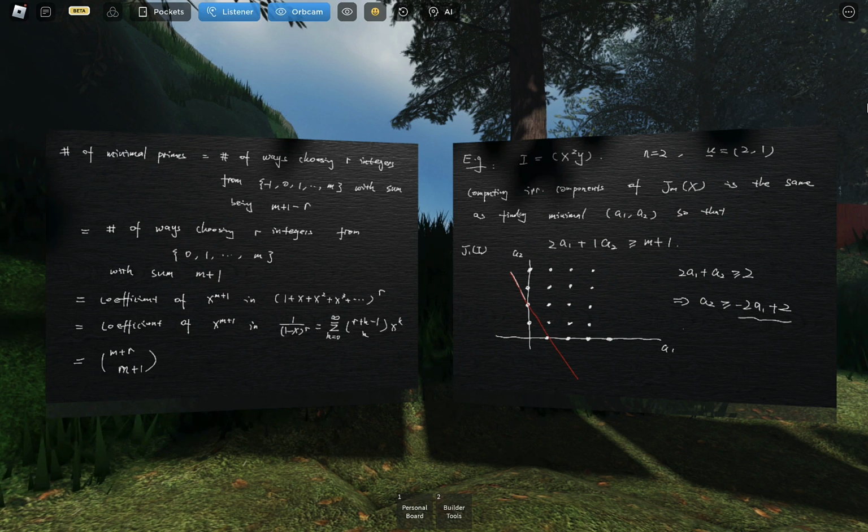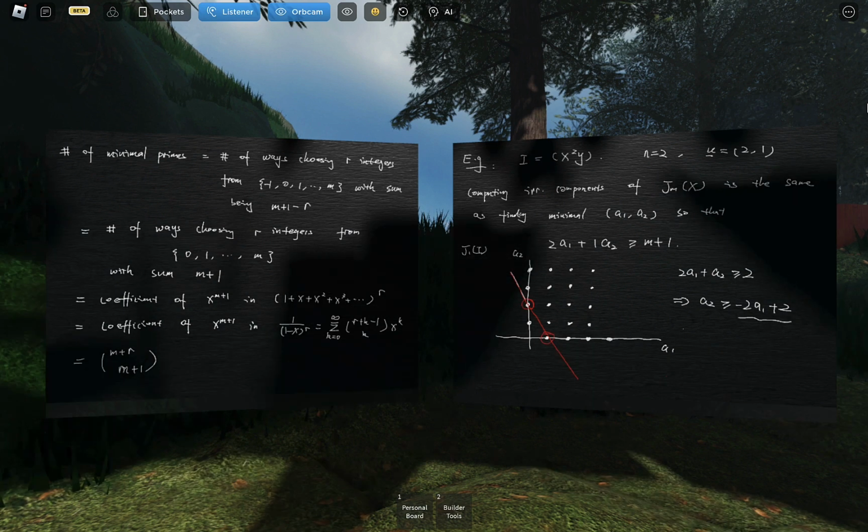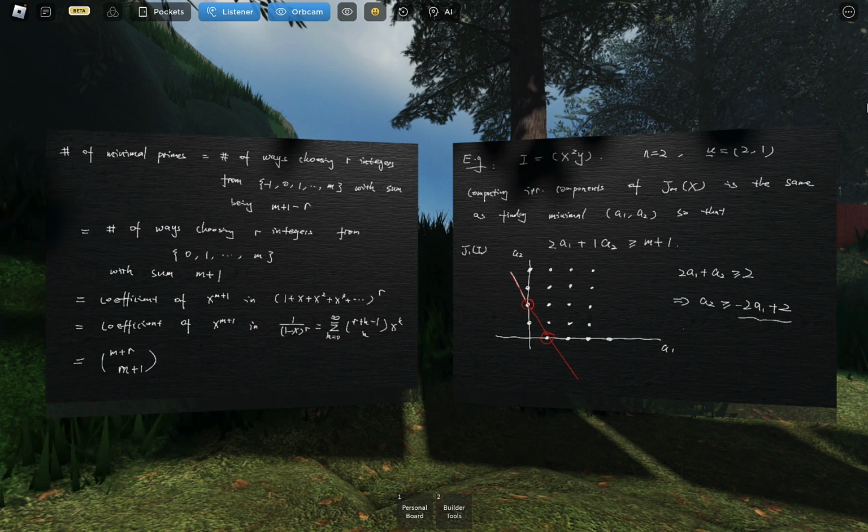And we want to choose minimum tuples, A1, A2, which will be this one and this one. Then the irreducible components in this case will be, we have two choices: one is (0, 2), and the other one is (1, 0).